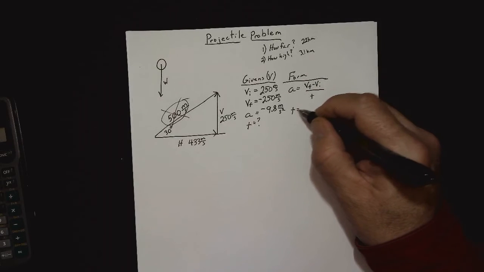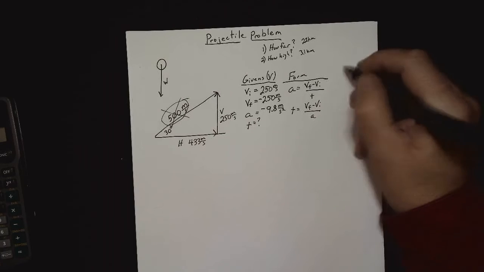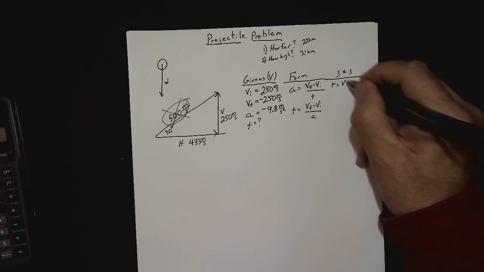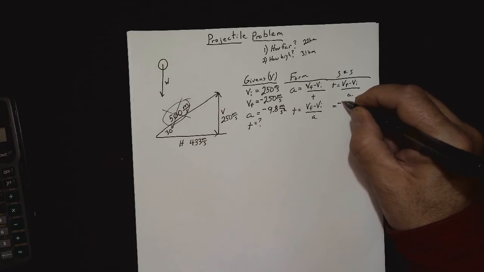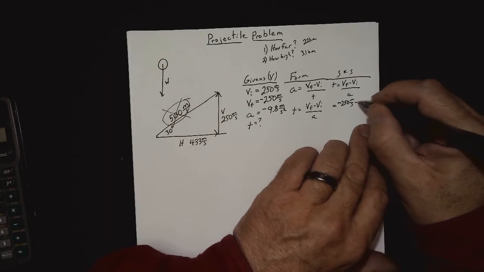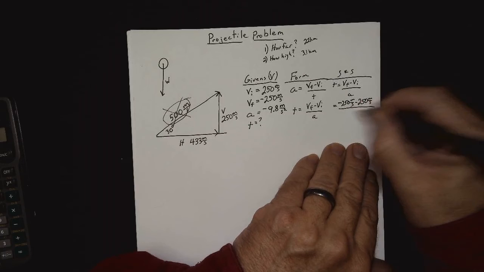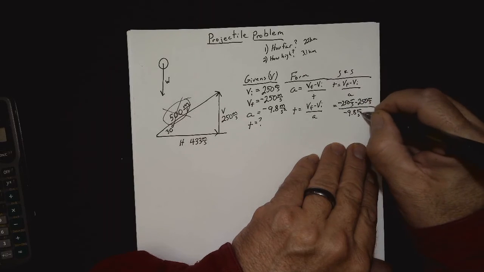So to solve, t equals VF minus VI over A. T equals VF minus VI over A equals negative 250 meters per second minus 250 meters per second, all divided by negative 9.8 meters per second squared.